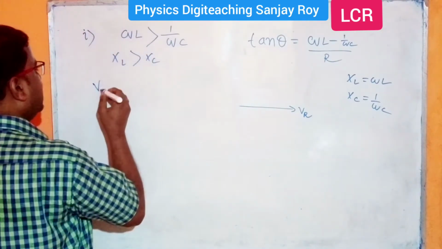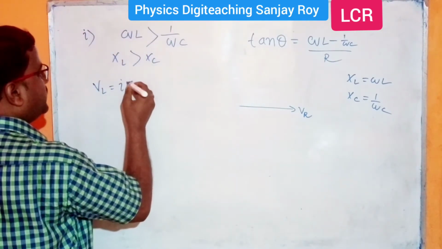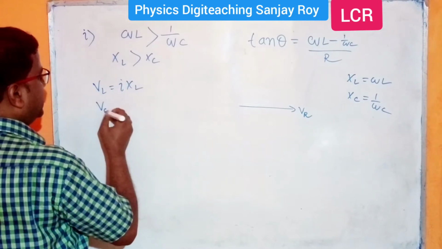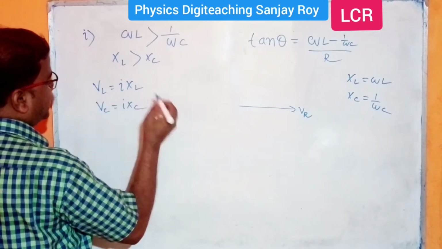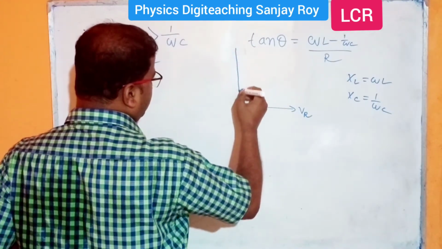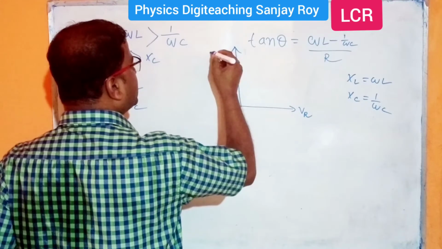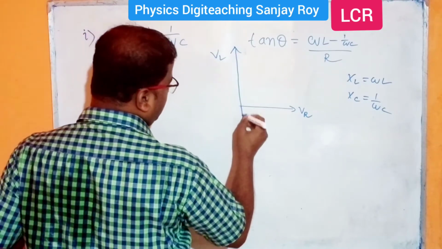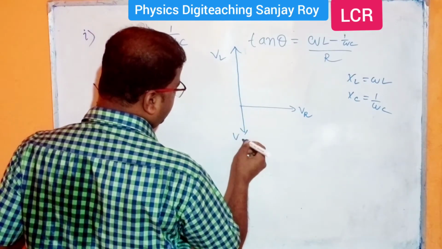Then VL equal to I into XL and VC equal to I into XC. Now we draw. This is VL and this is VC.